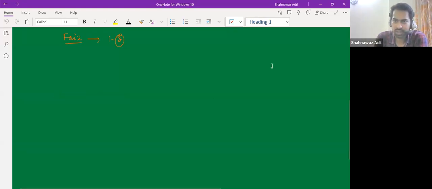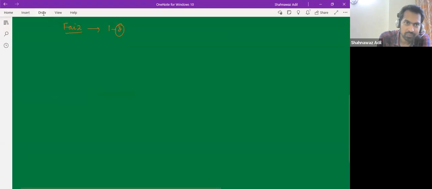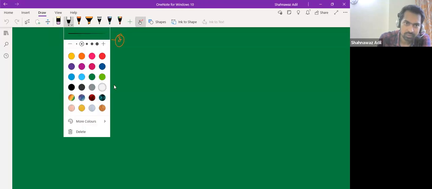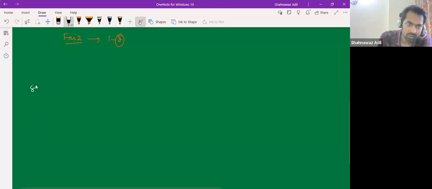Yeah. The question that Shaima has asked is: sine theta by 1 minus cos theta and tan theta divided by 1 plus cos theta, and this is equal to sec theta into cosec theta plus cot theta.